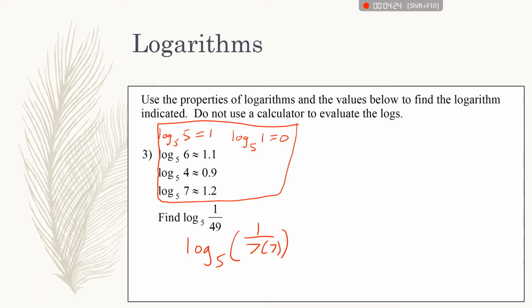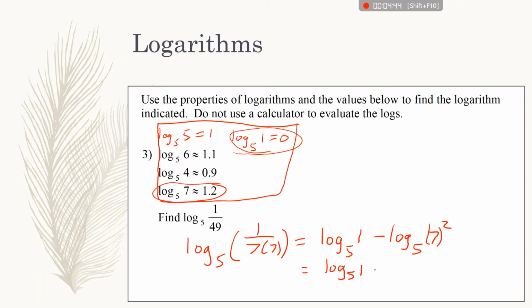Okay, so this is the same thing as log base 5 of 1 minus log base 5 of 7 squared, or log base 5 of 1 minus 2 log base 5 of 7, which gives me 0 minus 2 times log base 5 of 7, which is 1.2, or negative 2.4. Okay, any questions on this one?